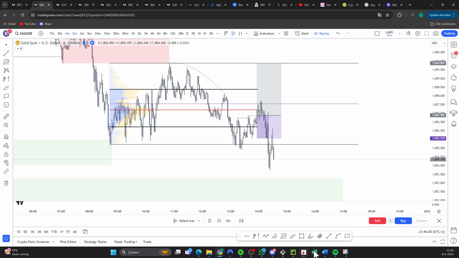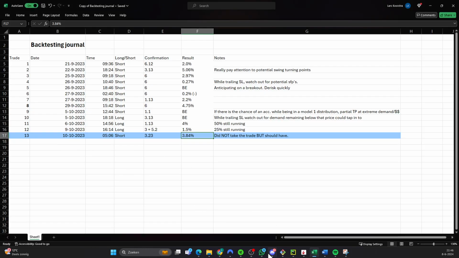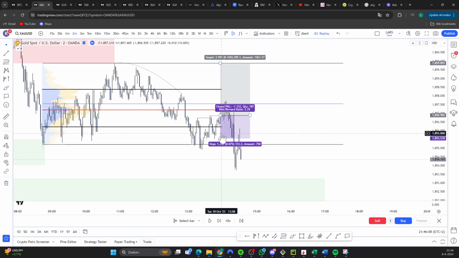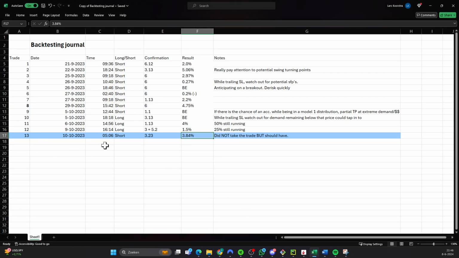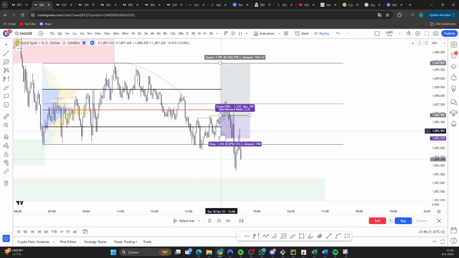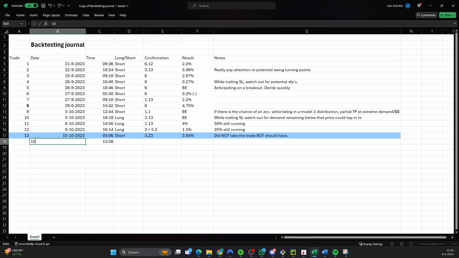This would be the first, 1358. Then we have the 10th of October, 10/10/2023. We had a long. Which confirmation was it?